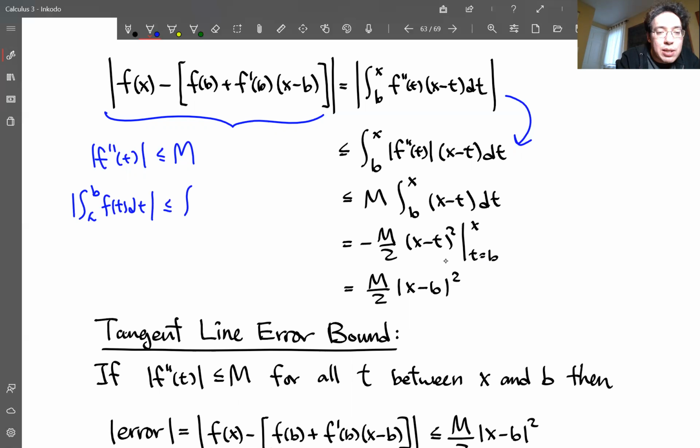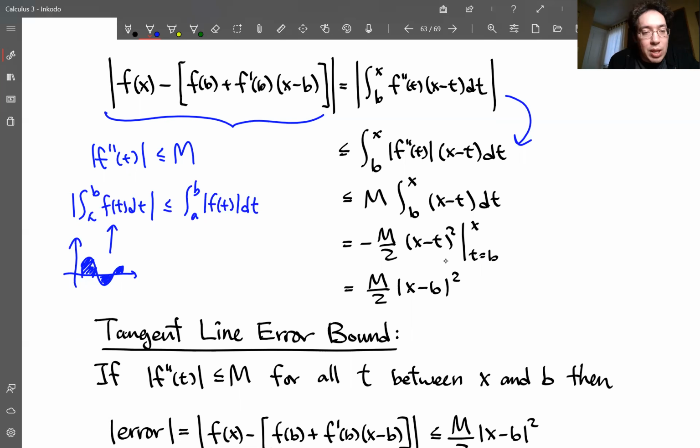This might be an inequality that you have seen in Calc 2, but let me review it very briefly. If you bring the absolute value inside, you might get something larger. The reason is that the function could look something like this, where some parts are above the x-axis and some parts are below the x-axis. When I integrate, the negative area below the x-axis could cancel out with the positive area.